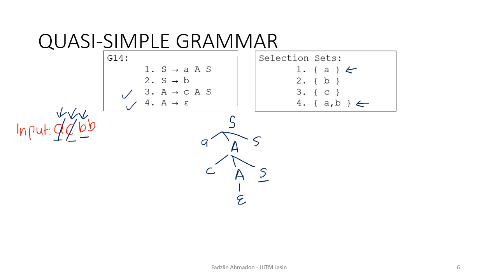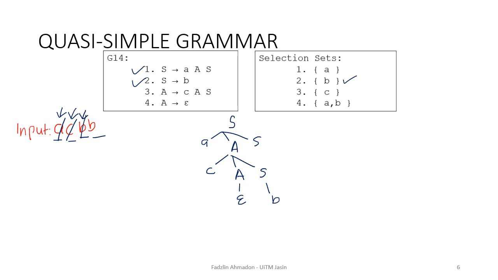Now we are looking at rules that are derived from non-terminal S, and they are rule 1 and rule 2. From these two rules, we need to choose the one that has B in its selection set, and that rule is rule 2. So I will apply rule 2 over here and derive it to B. And this is done.